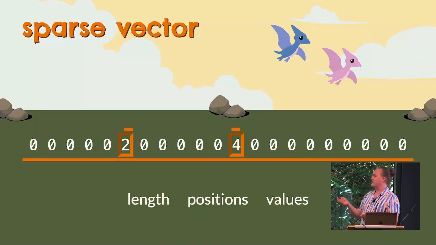So this vector can now be represented as 5 values, and technically they don't have to be integer values. You can have a sparse double vector, so then you have 3 integers and 2 doubles. There's a bit of a trade-off from what we had before, where how much memory a sparse vector takes up is fully dependent on the number of non-zero values.